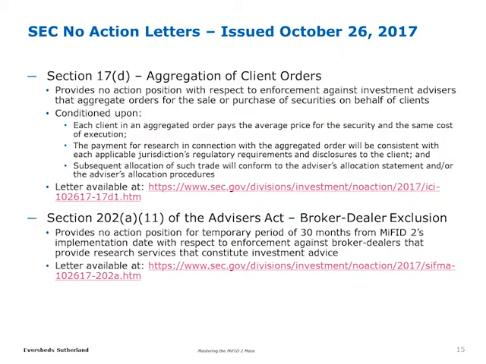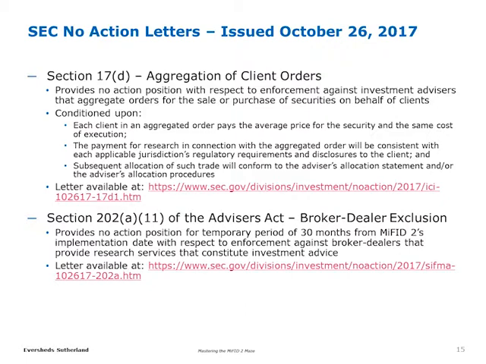Another letter was issued by a separate division of the SEC. The Division of Investment Management issued a second letter to SIFMA, and that is under Section 202A11 of the Investment Advisors Act of 1940. And then there's a third letter that was issued to the Investment Company Institute under the Investment Company Act of 1940.